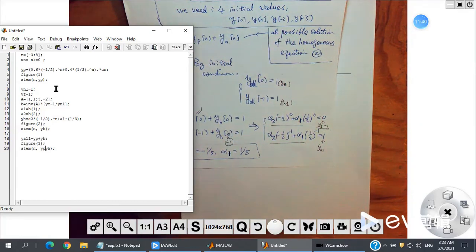And here is just YR. Actually, this is the YR with the given initial condition. Alright, let's run it.